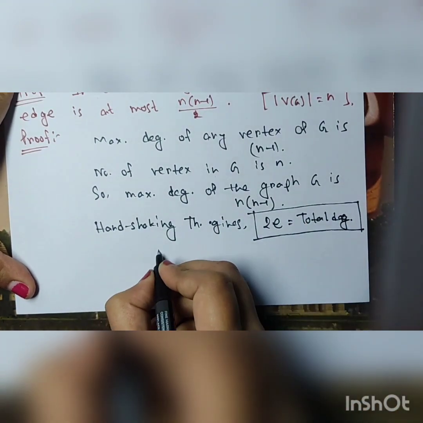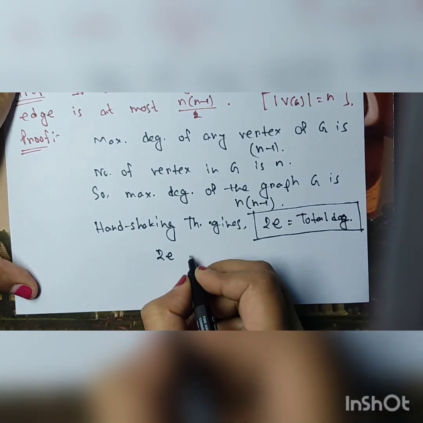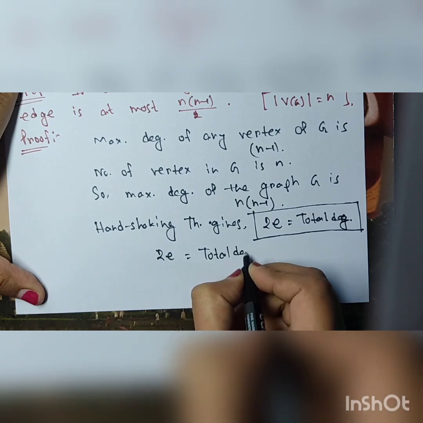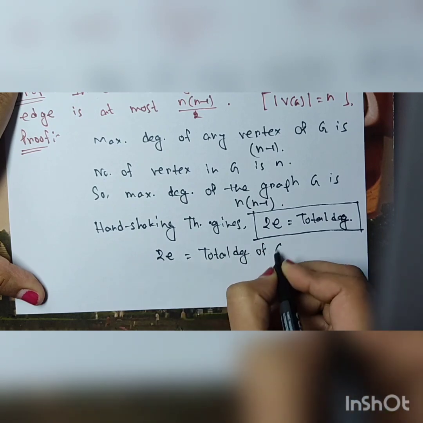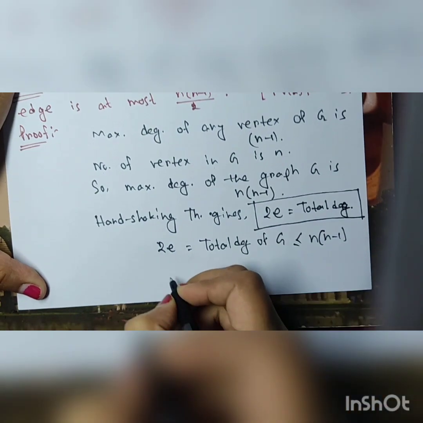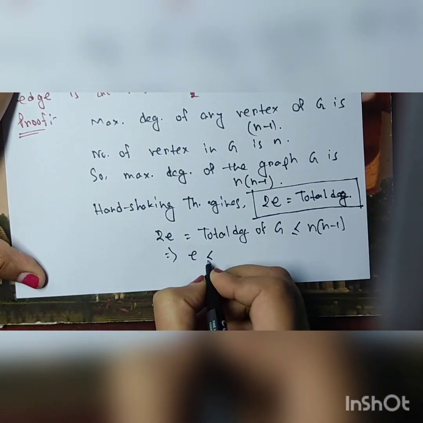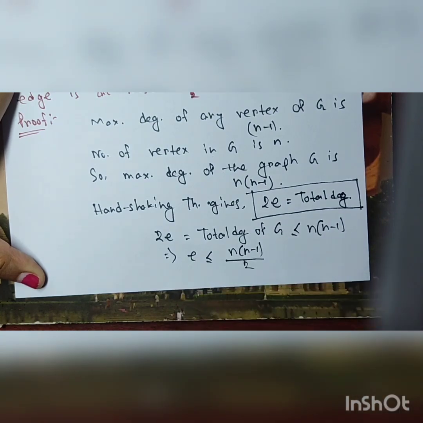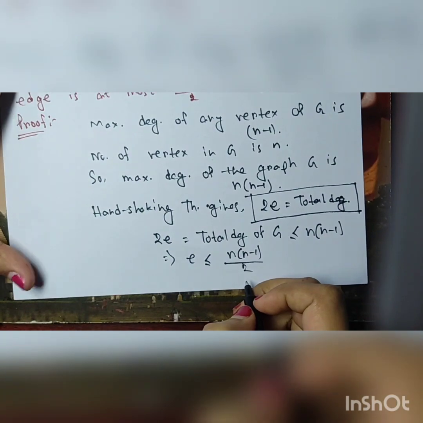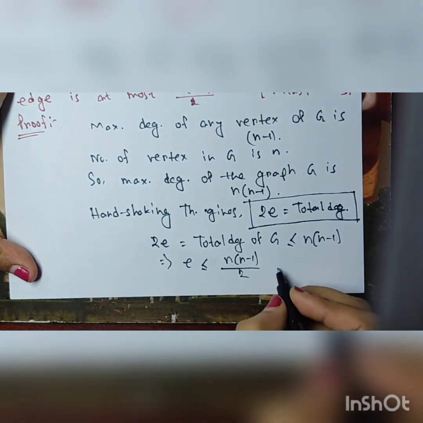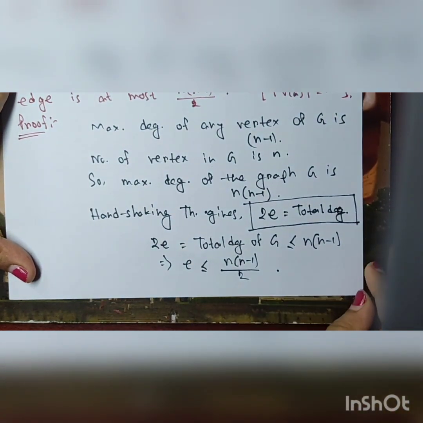So 2 into E, which is equal to the total degree of G, is less than or equal to n into n minus 1, which implies that E is less than or equal to n into n minus 1 by 2. So this is our desired result, that any simple graph has at most n into n minus 1 by 2 edges. So here this proof is complete.